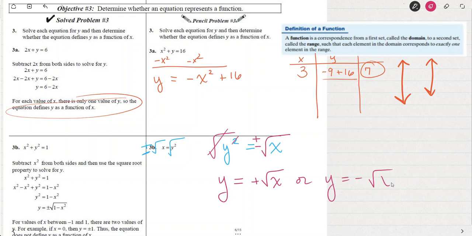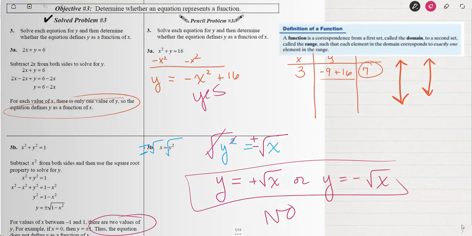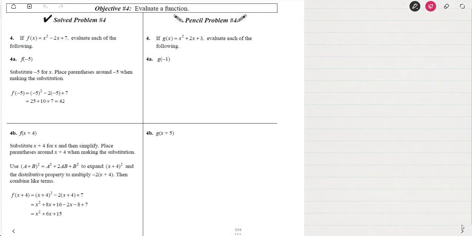So I can see that this is not a function because there's two values of y. So there's an example of a function, an example of not a function.